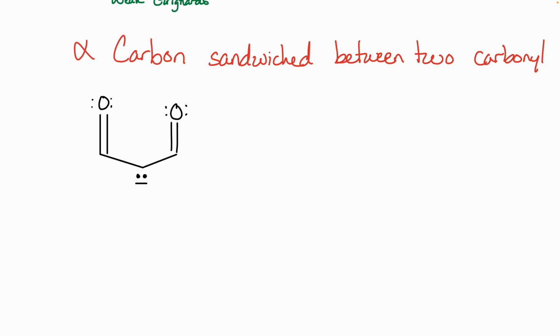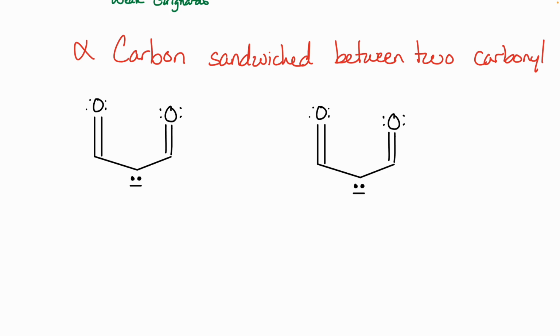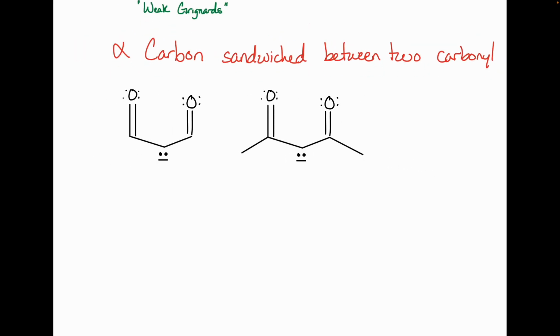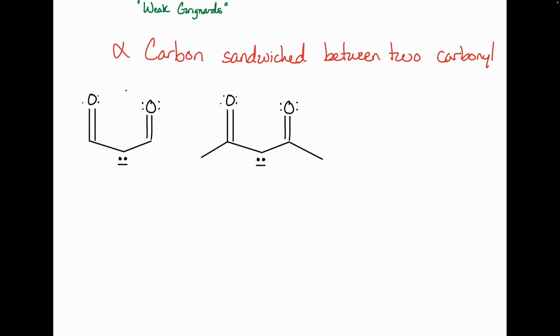And this is a common feature of a bunch of different Michael donors, is to have that alpha carbon sandwiched between. It doesn't really matter if they're aldehydes or ketones or esters or whatever it may be, right? We can put down a bunch of different examples.